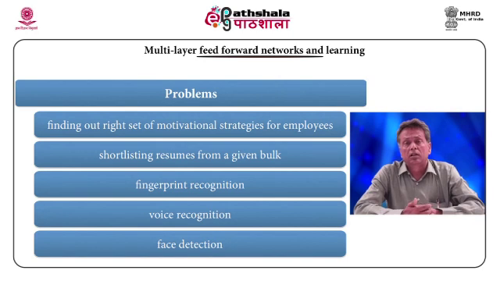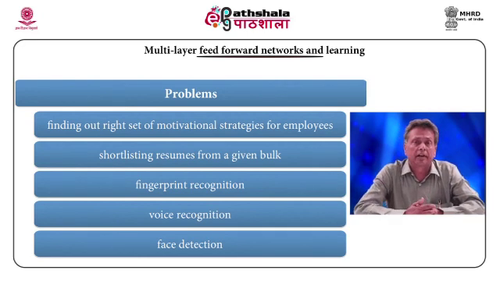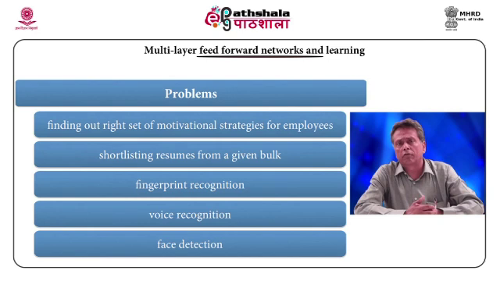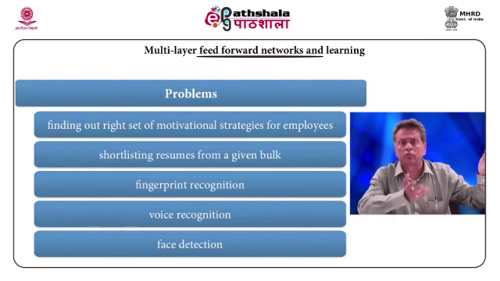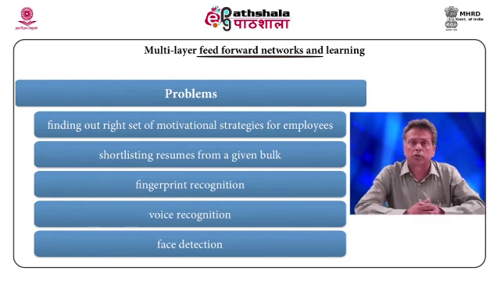The other example, which one of my students did in his project, is he was working for a place where a lot of resumes flow in daily. It's a huge company, and a lot of resumes used to come, and they had to have a huge bunch of experts to look at those resumes and shortlist them for further processing, and that was very time consuming. So he wrote a neural network based program.